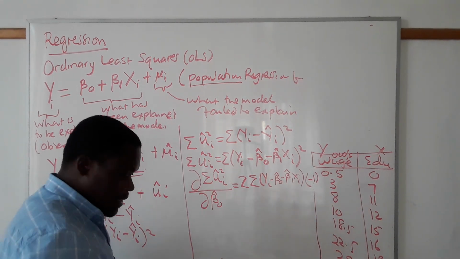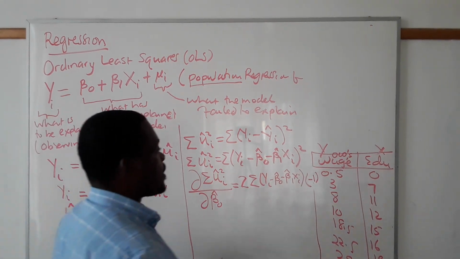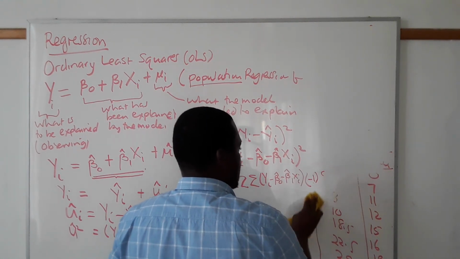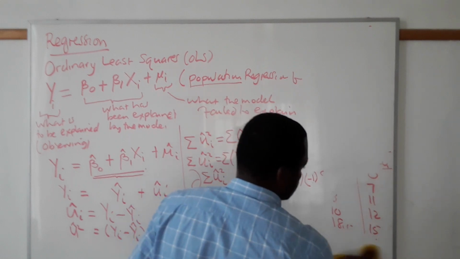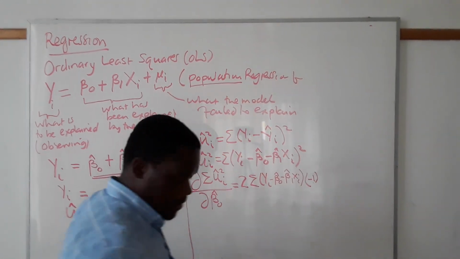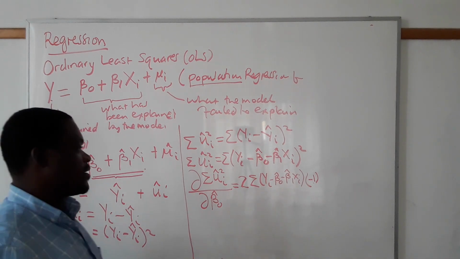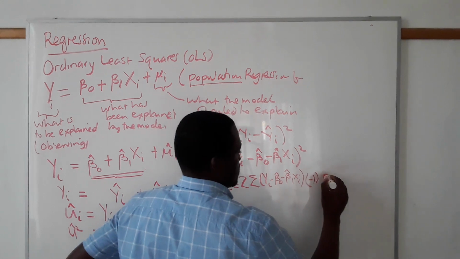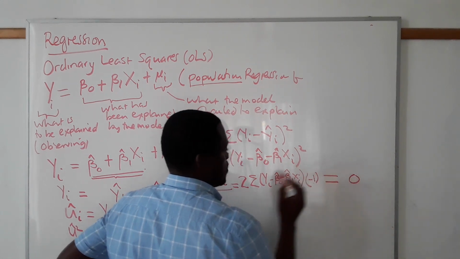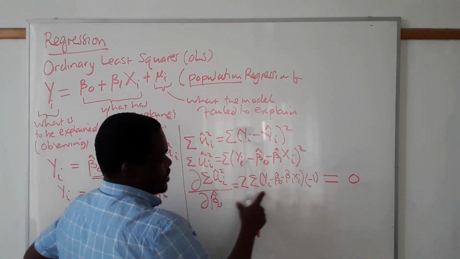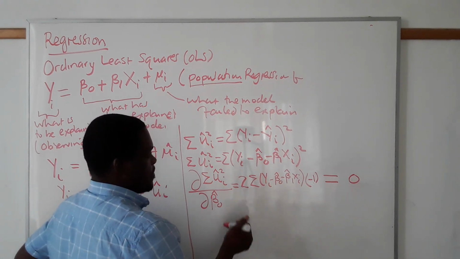Okay? Now, from the methods of calculus, for us to solve and get our beta naught, we must set this condition equal to 0. So we simplify this expression and set it to 0.